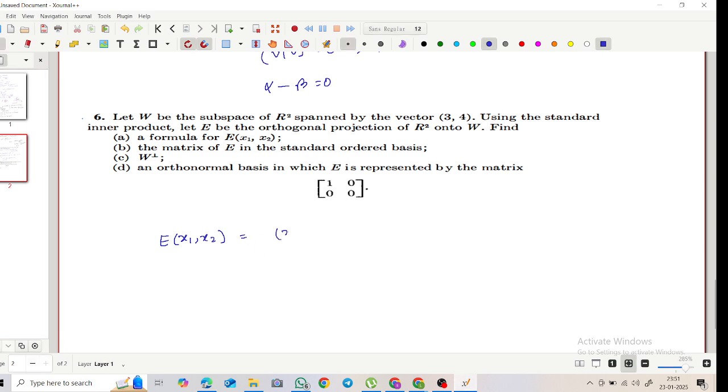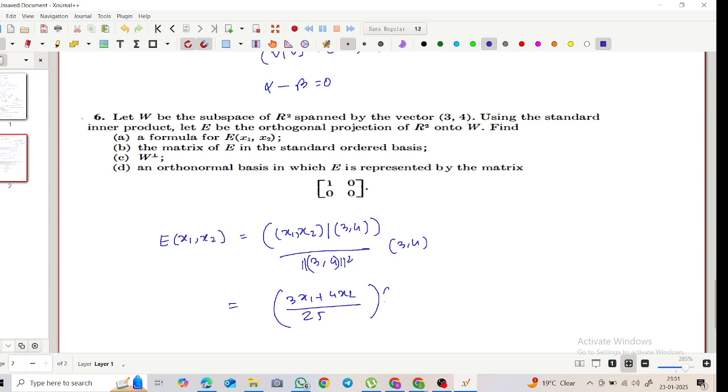You write the inner product of (x1, x2) with (3,4), divided by the norm of (3,4) squared, times (3,4). By that formula, this is the dot product. So this is the formula for E(x1, x2).